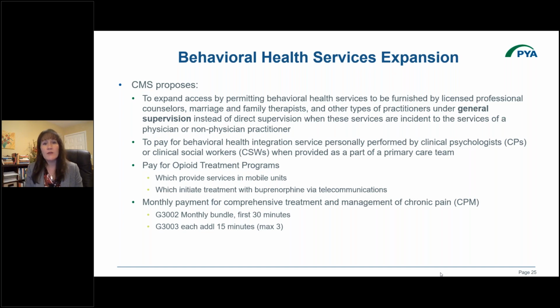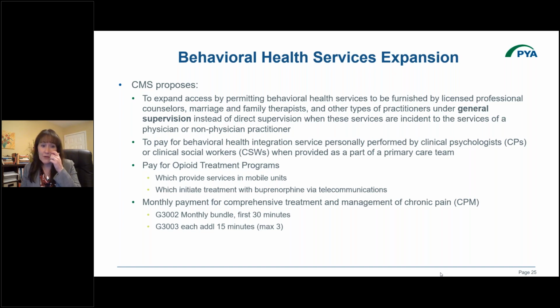And think of them as your kind of chronic management type of codes, your kind of transitional care management or chronic care management type of codes, capturing that time in a similar manner, making sure that you're documenting the actual time and including that and billing on the appropriate date of service, so that you're not exceeding the number of services that you can bill, and that you're capturing everything that you need to in order to support the monthly bundle.